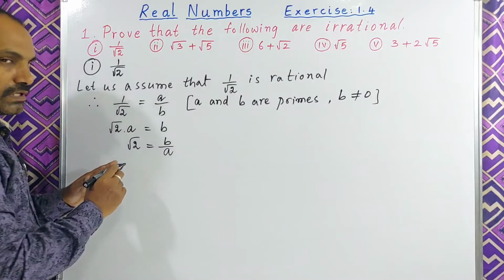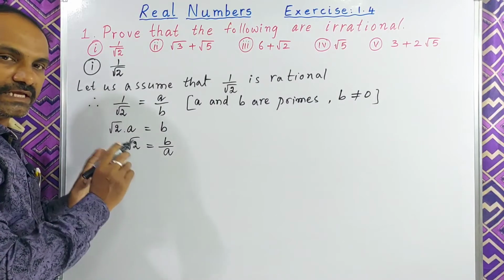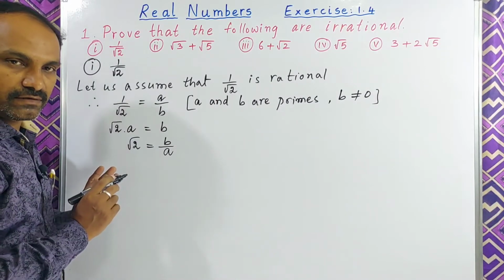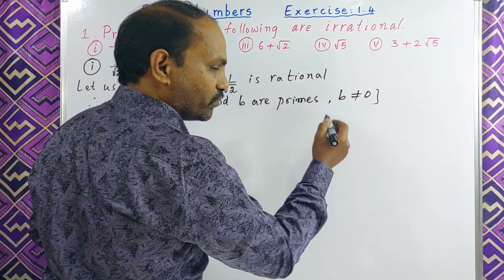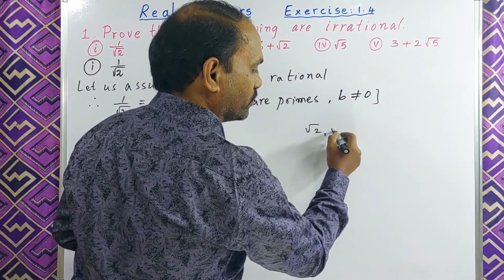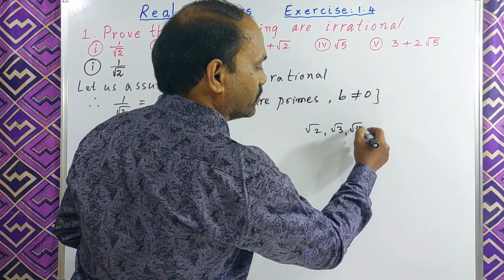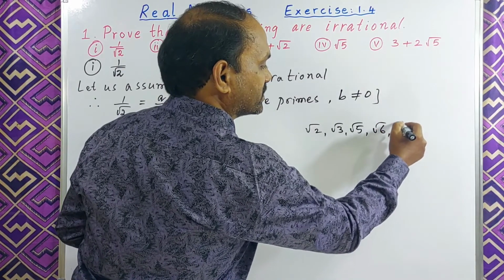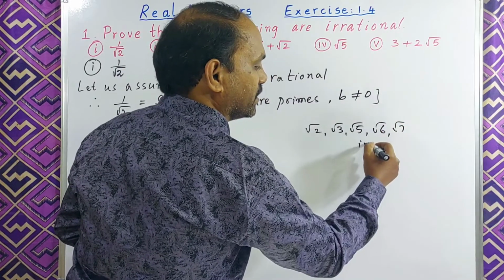Is root 2 rational or irrational? Root 2, root 3, root 5, root 6, root 7, all are irrational numbers.